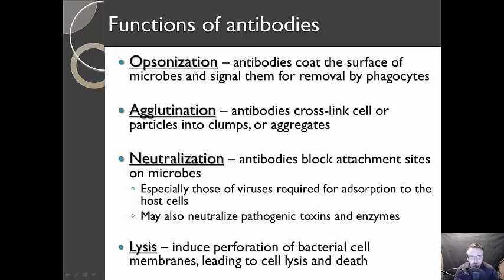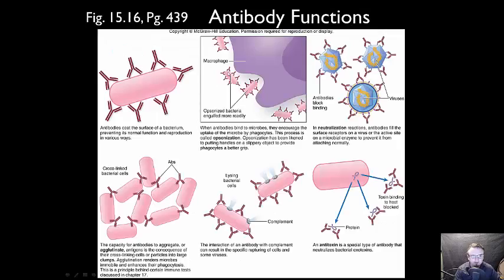So let's go back to opsonization here. Opsonization is shown in these first 2 portions of this figure, so here and here. What happens first is the antibodies are going to coat a microbe like a bacteria. This is most commonly directed towards bacteria. So here's our bacterial cell, it's a bacillus. Here's a bunch of antibodies, and they have specificity for the antigens on the surface of this bacteria.